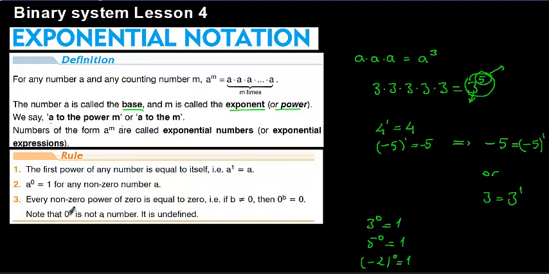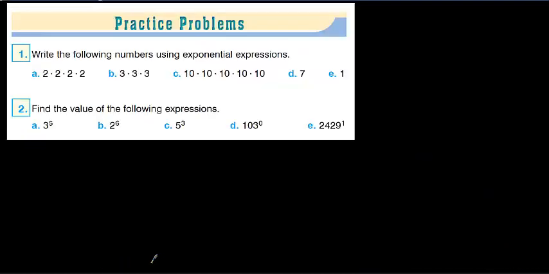The power cannot be 0, because 0 to the power of 0 is undefined. Except that one, 0 to the power of 3 is equal to 0, 0 to the power of 4 is equal to 0, or 0 to the power of minus 7 is equal to 0.